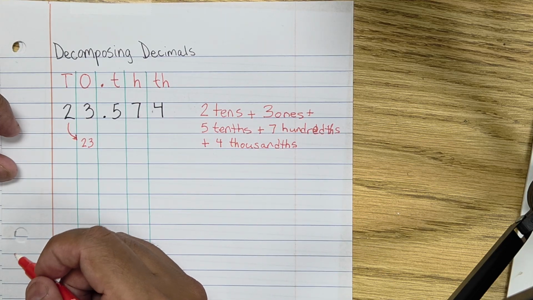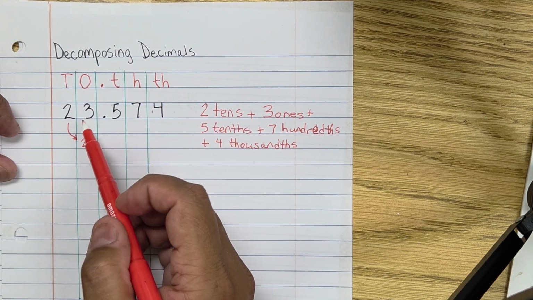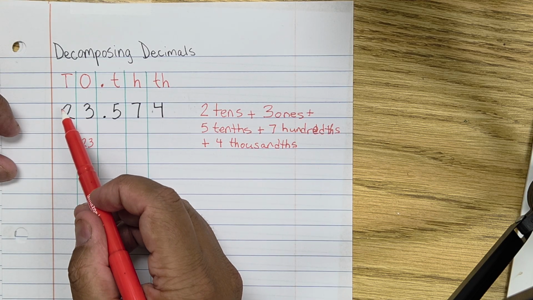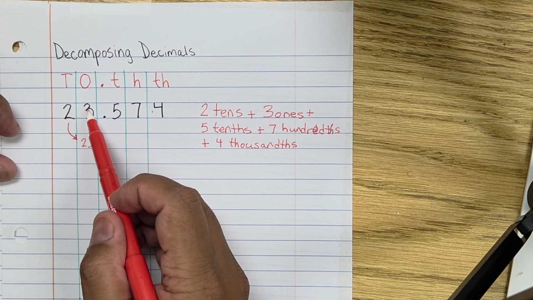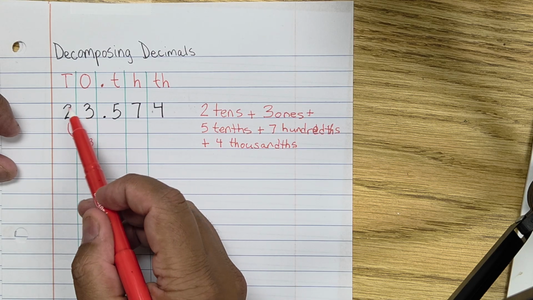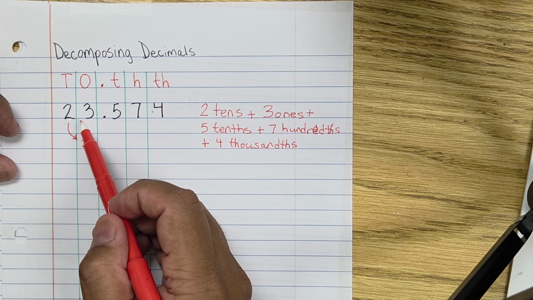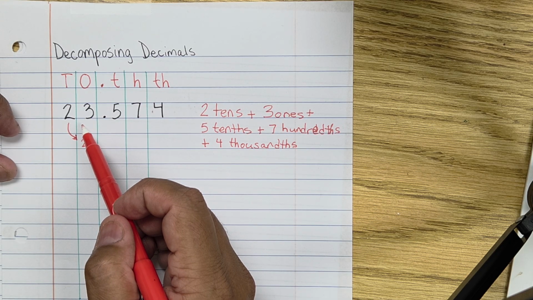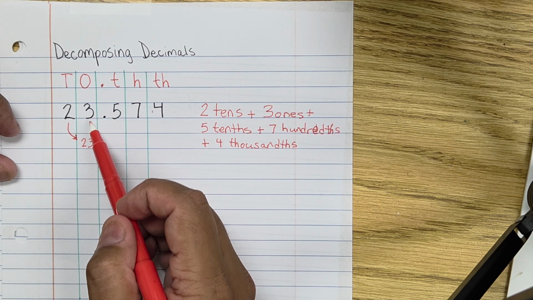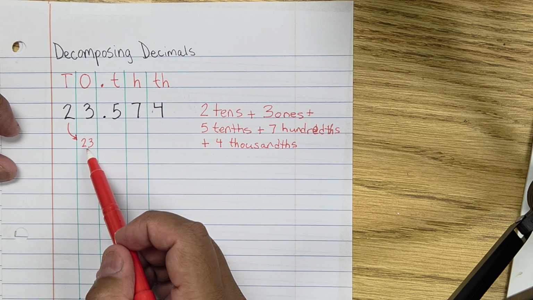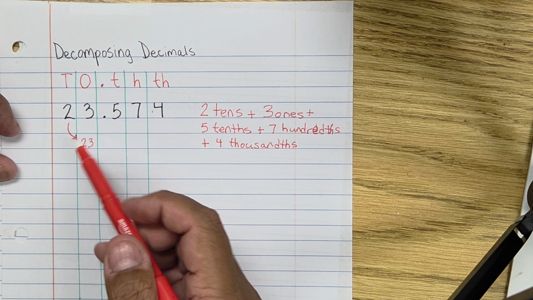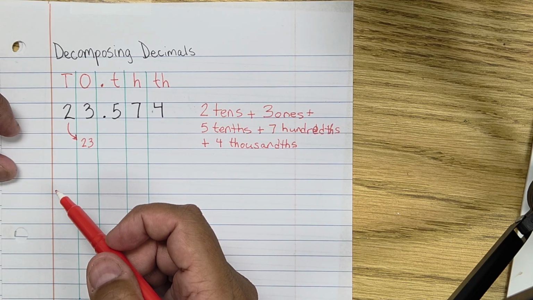A good way to think of this is if we were thinking about money, and if I had $23, if I had 2 $10 bills and 3 $1 bills, that would give me a total of $23. That's one way that I could have $23. Another way that I could have $23 instead of 2 tens and 3 ones is having 23 ones.